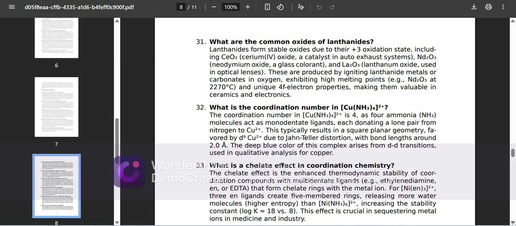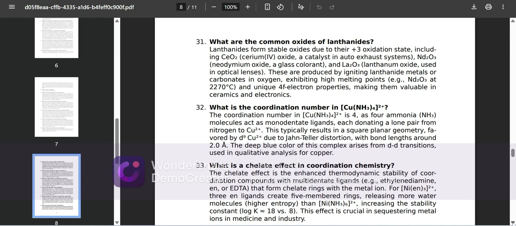What are the common oxides of lanthanides? Lanthanides form stable oxides due to their +3 oxidation states, including CeO2, cerium oxide, a catalyst in auto exhaust systems; Nd2O3, neodymium oxide, a glass colorant; and La2O3, lanthanum oxide, used in optical lenses.